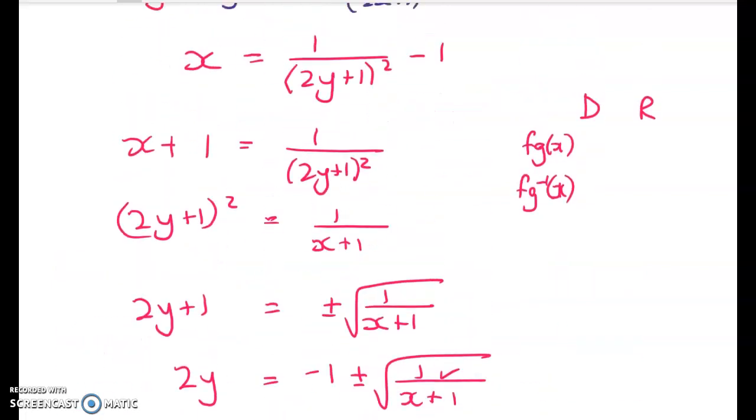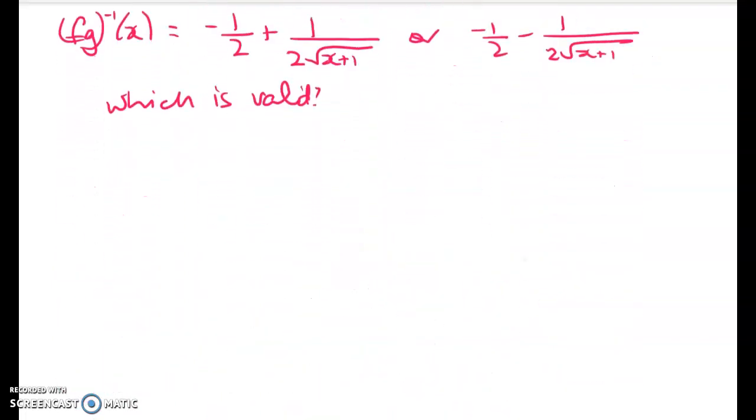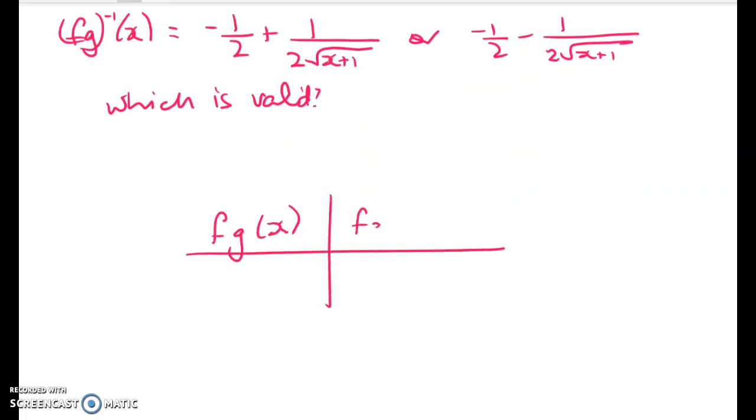So when I do this, I work with this little table here where I've got the domain and the range for each thing. Okay, so actually in this case what I've done is I've done it this way around. So what's the domain for fg of x? Well, it's x must be less than negative a half.